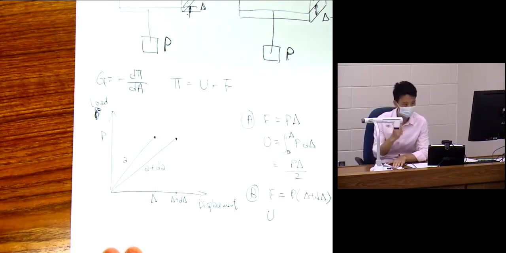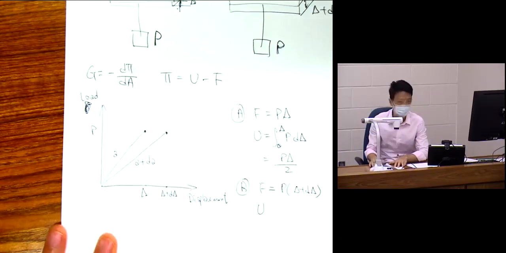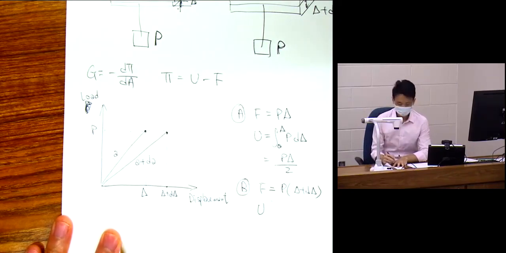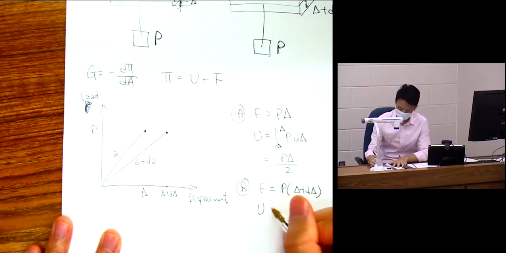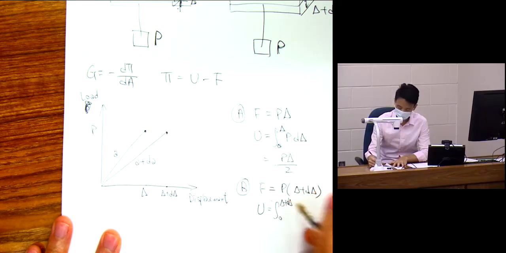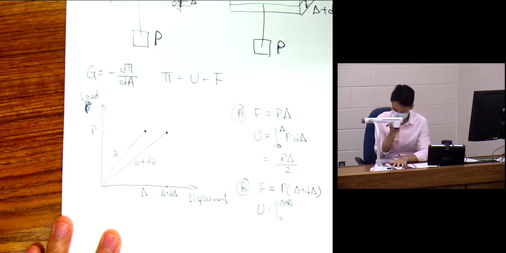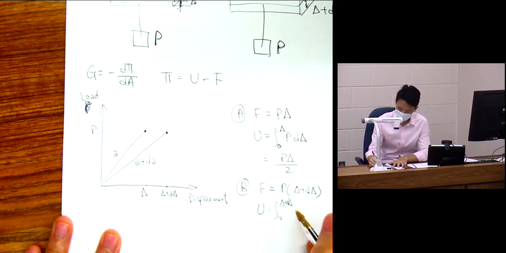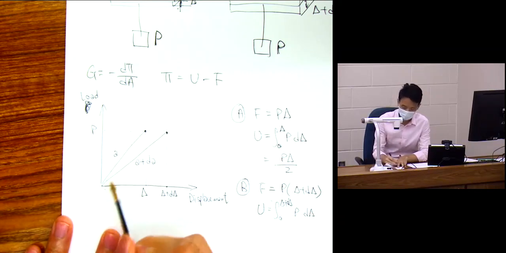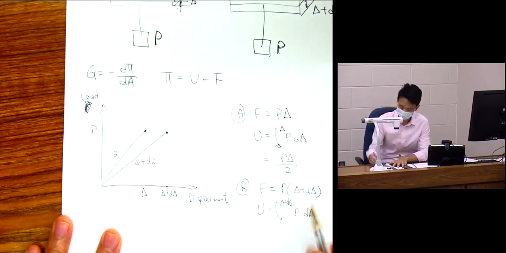Now, internal elastic strain energy. Now I have to integrate from 0 to delta plus d delta, because that is the final displacement. Again, the P is constant. Sorry, the P is not constant for the energy. Sorry, no. That P is the force inside the material, all right? It's not the loading force.